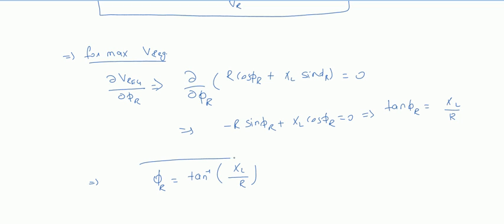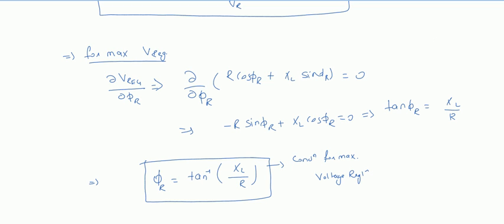So this is the condition for maximum voltage regulation in case of lagging load, where phi r is the power factor angle of the load, and tan inverse xl by r, where xl and r are the parameters of the line. This is the transmission line inductance, and this is the resistance of the transmission line, right?